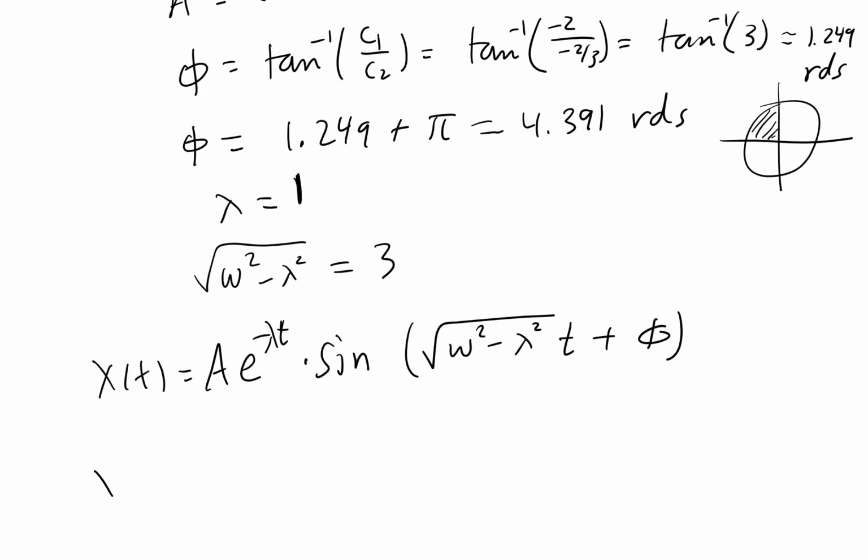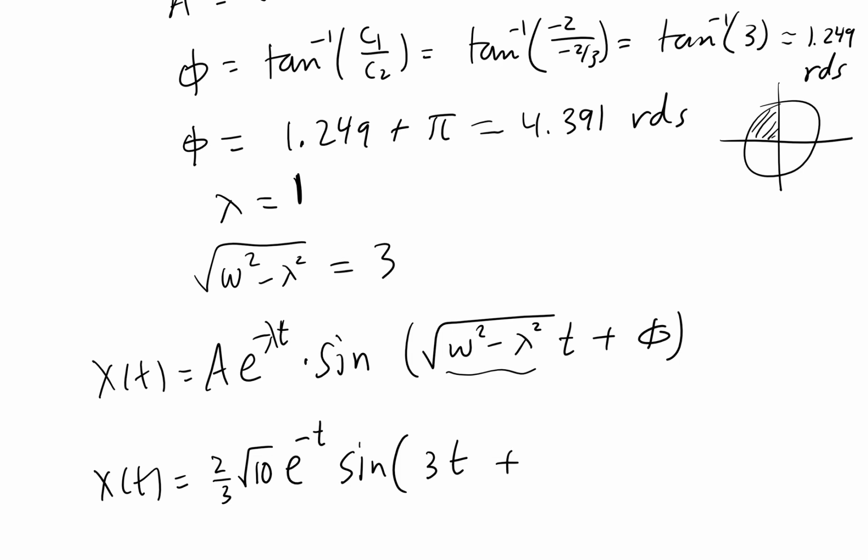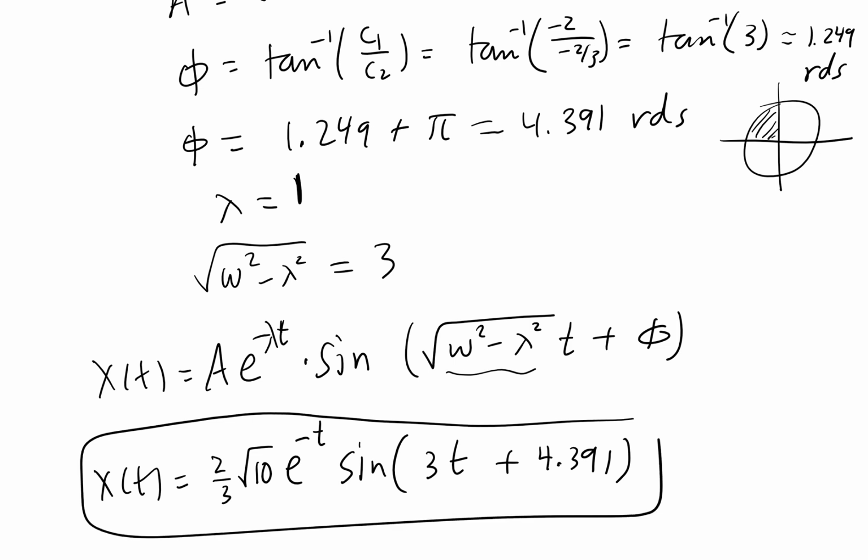So A we found is 2/3 square root of 10, e to the negative t because lambda is 1, sine of 3t, because we found that to be 3, plus phi, which was 4.391. This would be the answer. Does anyone have any questions about this?